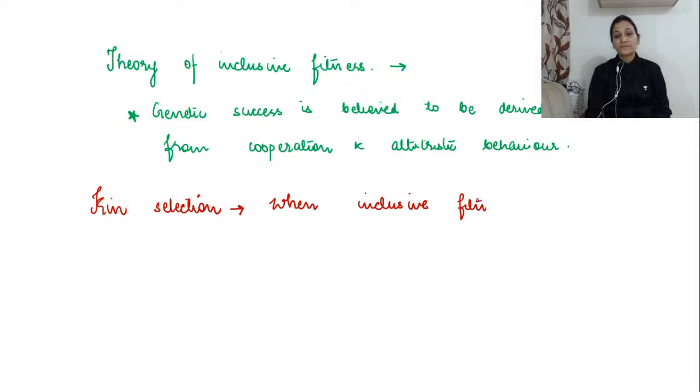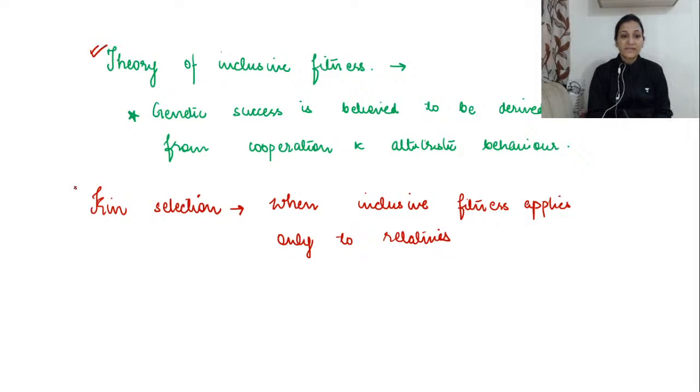So this is the theory of inclusive fitness. The theory of inclusive fitness applies only for kin selection, right? Now there is a formula for Hamilton's rule. We'll see that.